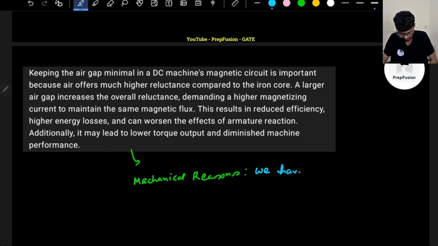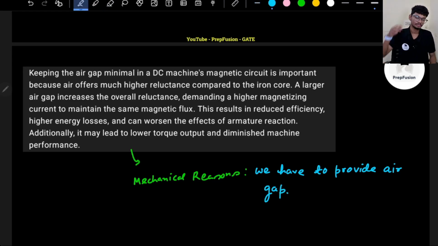If I don't provide an air gap and the armature and poles are very close to each other, one day if something messes up and the armature moves just a bit, 1 to 2 mm upwards, what will happen?